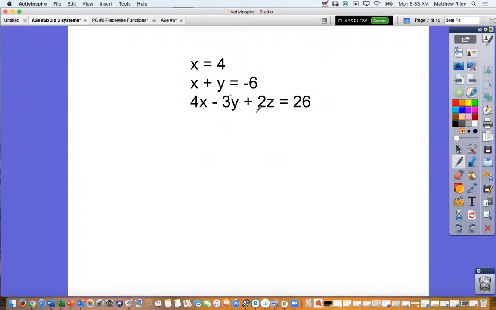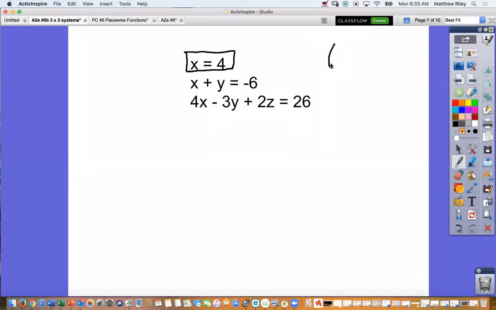So the very first thing is I see that x equals 4. So because x equals 4, I know that that is already part of my solution. Whenever we're doing this, the entire goal is to find what x, y, and z are.